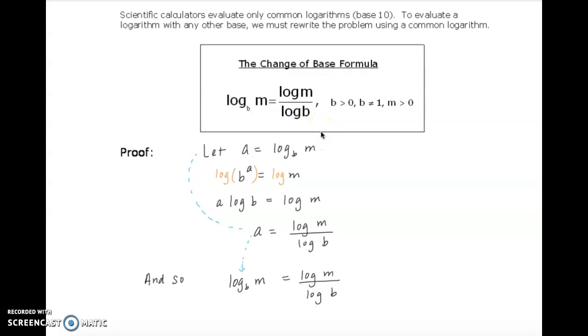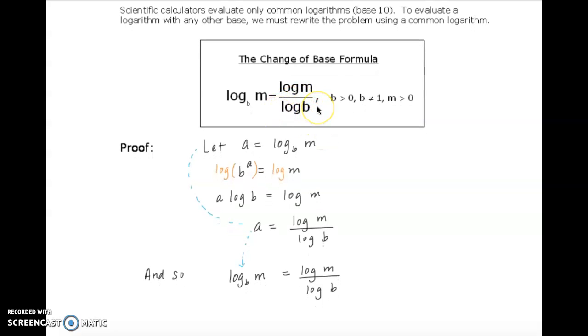Because b is the base of a power, remember, b needs to be greater than 0. It cannot be 1, and m has to be greater than 0. We can't log a negative number.